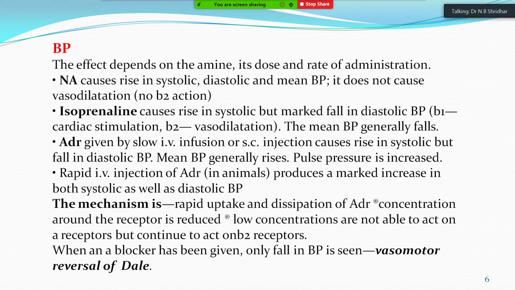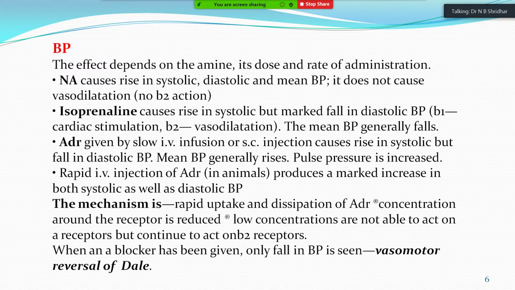Ultimately it causes peripheral vasodilatation and the blood pressure becomes down. When an alpha blocker is given, only the fall in BP is seen, because of the Dale's reversal phenomenon. So what is Dale's reversal phenomenon? You inject noradrenaline or its agonist, then there is an increase in the blood pressure, and if you inject the adrenergic blocker, then it is going to decrease the blood pressure.